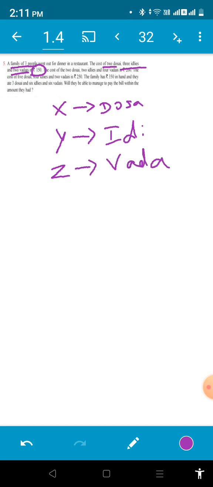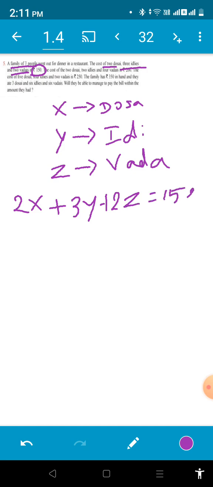So I take 2x plus 3y plus 2z is equal to 150 rupees. This is the first equation.